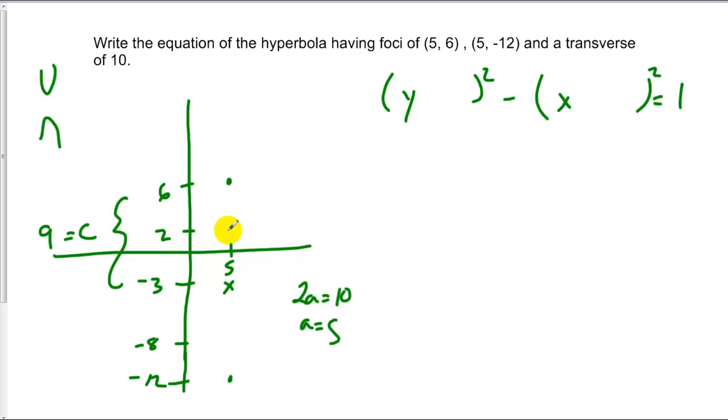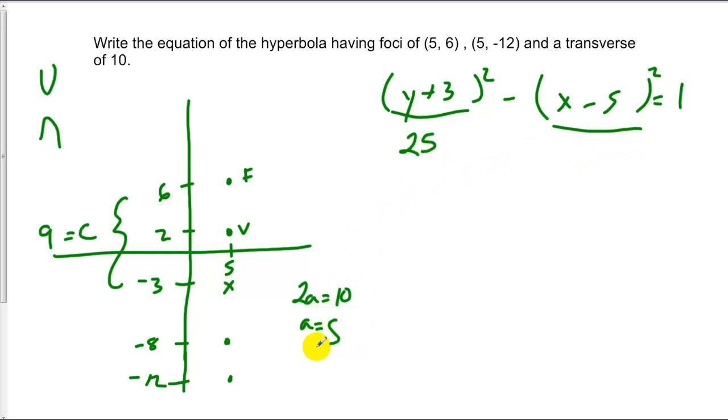These points are my vertices. And if I have my vertices, I can find my co-vertices by getting my B length. I also now have my center, which we said was 5 and -3, so I can start writing this in. Plus 3 minus 5 here. I just found my A term, which is supposed to lead, so I have 25.